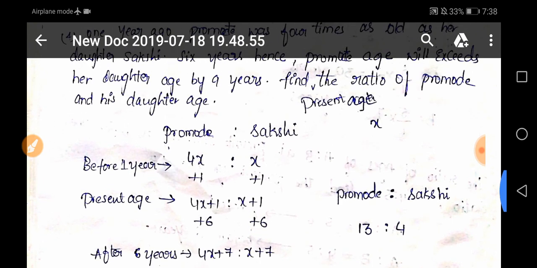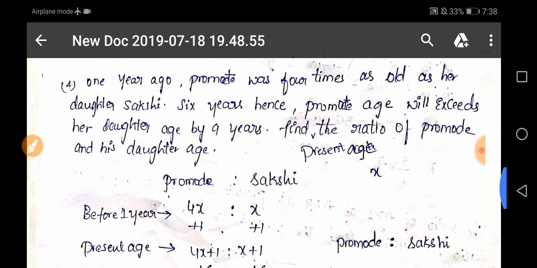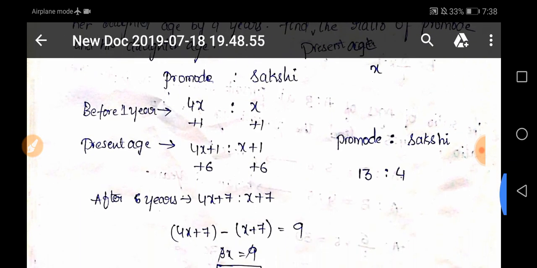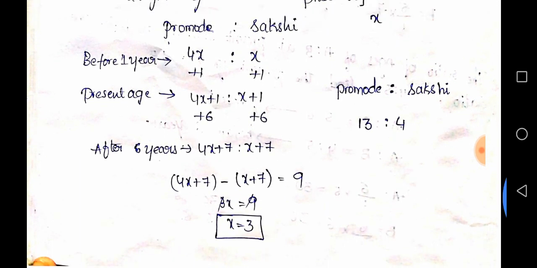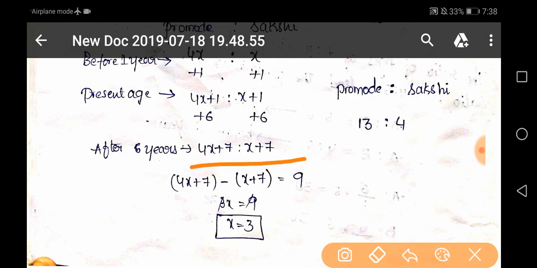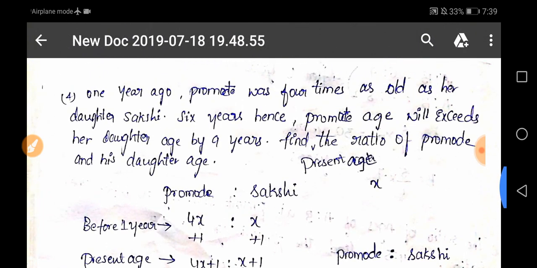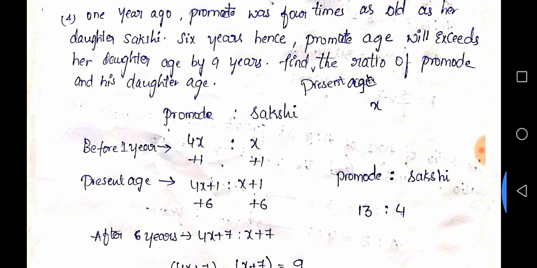And here, Pramod's age will exceed her daughter's age by 9 years. Exceed means we have to do a subtraction. 4x plus 7 minus x plus 7 equal to 9. So 3x equal to 9 and x equal to 3. This is fine. But what they are asking is to find the present age.